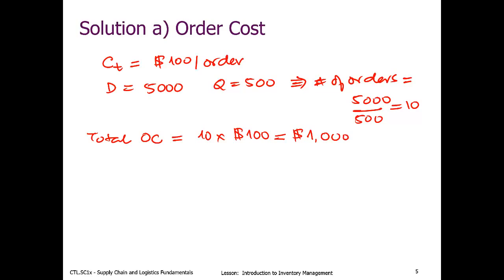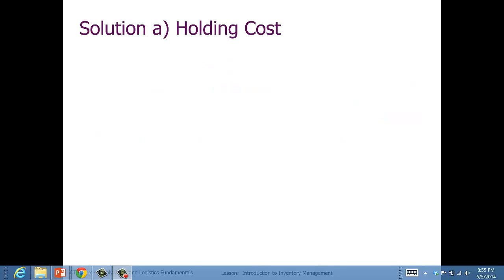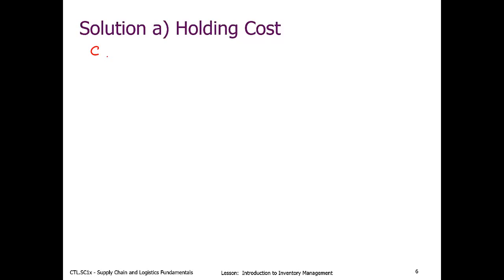Pretty straightforward. Let's try to calculate the holding cost now. So what is the cost of holding excess inventory, or CE? Let's try to do the units first. So we know this is dollars per unit per time, or dollars per unit time as we call it. And how do we get here? We get it by CH, where C is your purchase or variable cost and H is the holding charge.